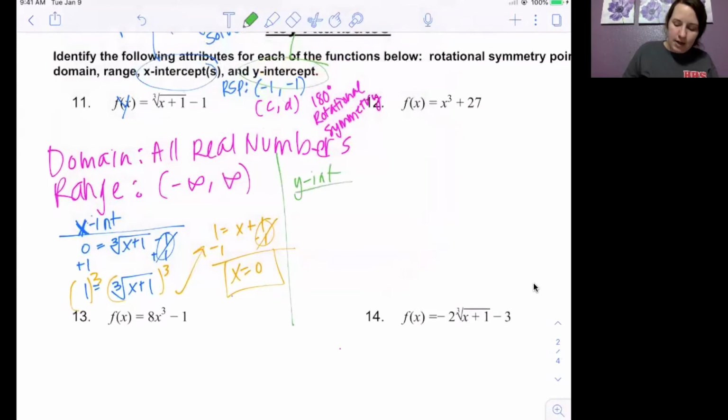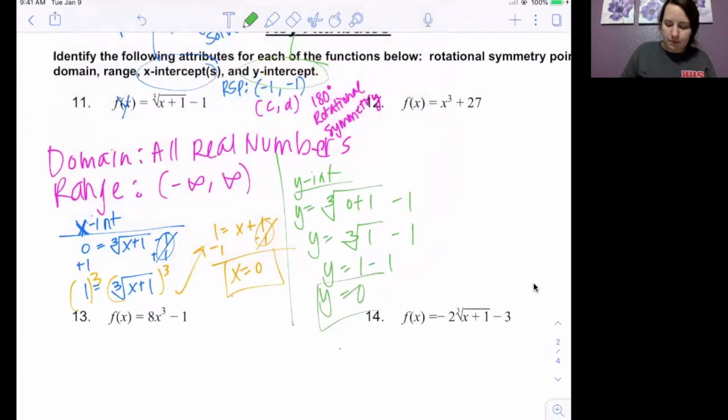For our y-intercept, we're going to plug in a 0 for x. So y equals the cube root of 0 plus 1 minus 1. The cube root of 1 is 1. So y equals 1 minus 1, or 0. For both of these, we would write it as an ordered pair.